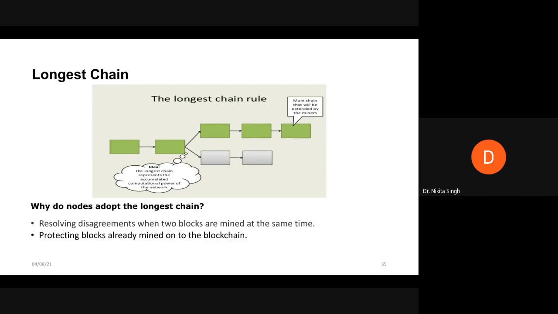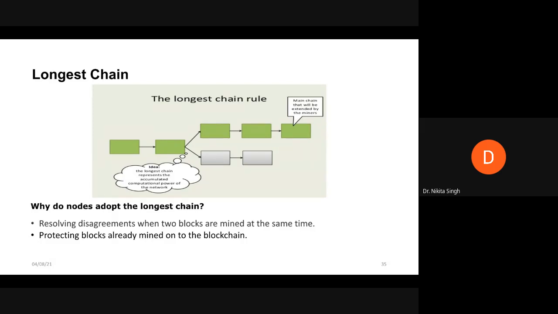So the Bitcoin protocol needs to resolve this. It employs just one single rule. It lets the branches grow. It will not do anything. It will allow both the branches to grow.